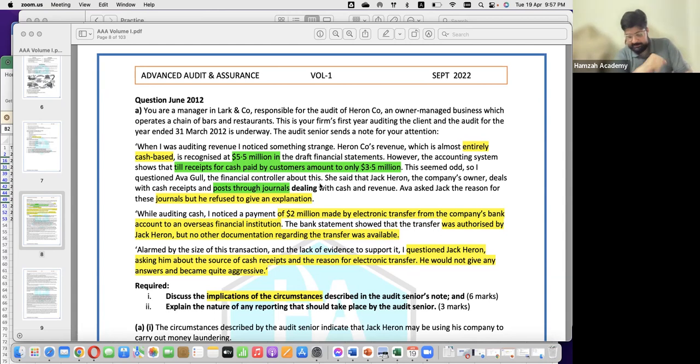And it is an indication that the money is being laundered, and they are trying to conceal the origin of money through these transactions.